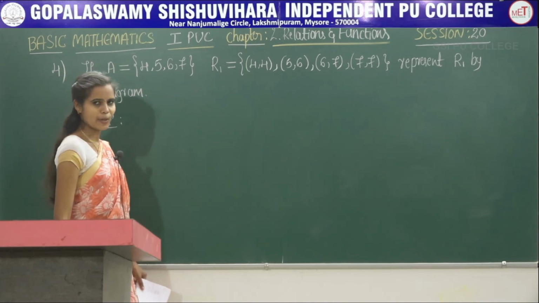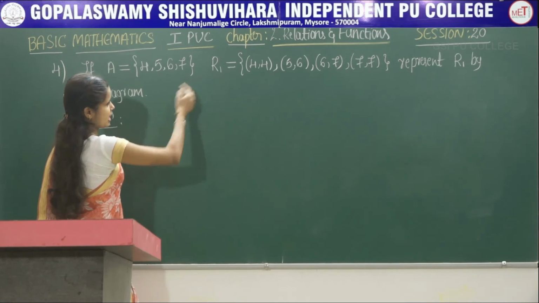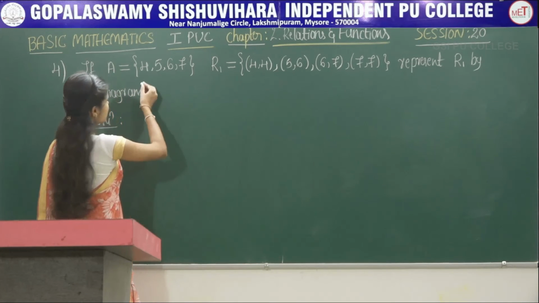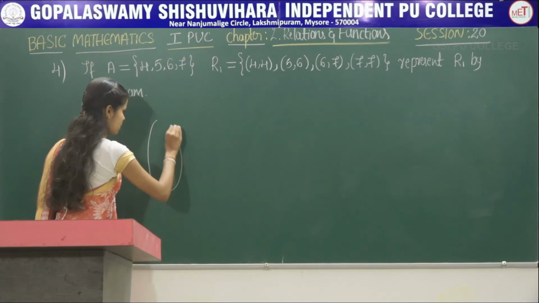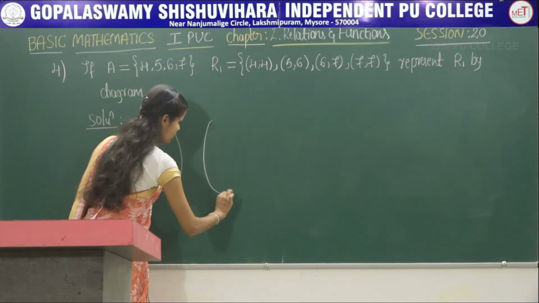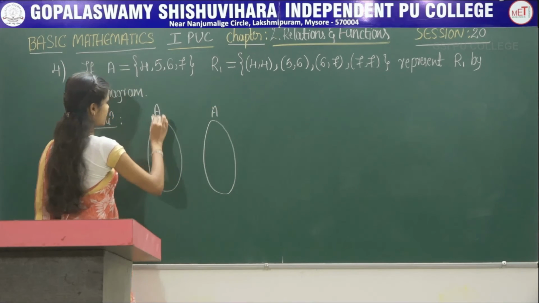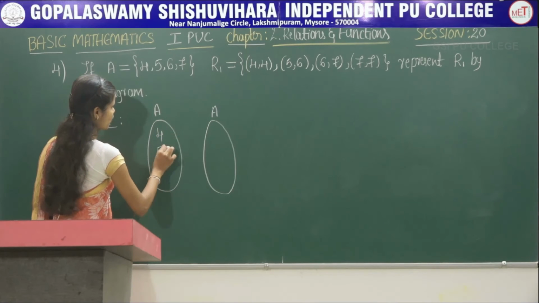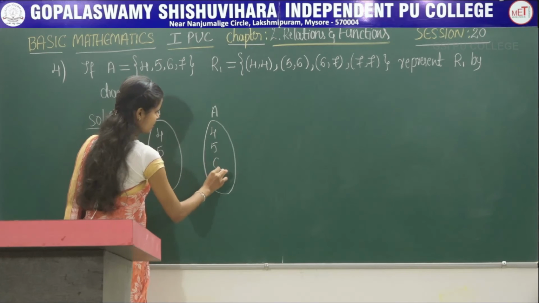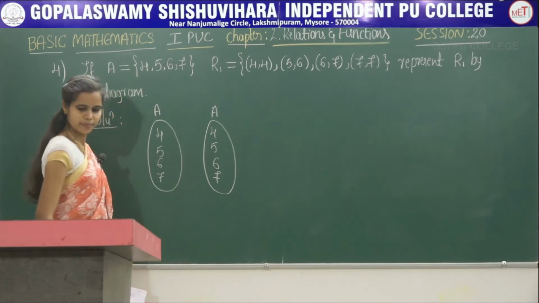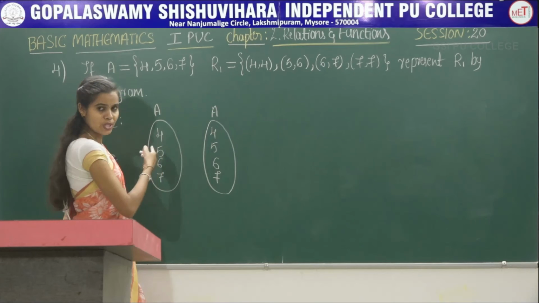Represent using an arrow diagram. Here set A is given and the relation R1 is given, so the relation is defined from A to A. First consider two sets A and write the elements of A: 4, 5, 6, 7. Next, represent the relation using arrows.